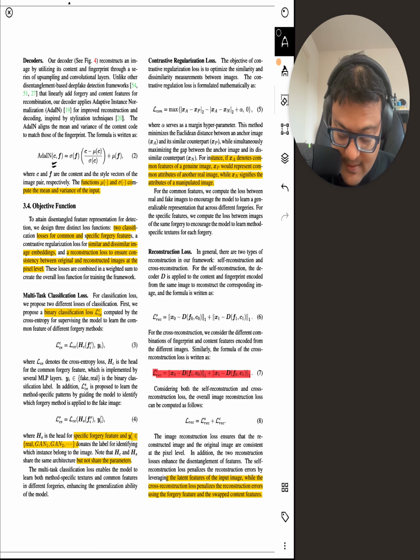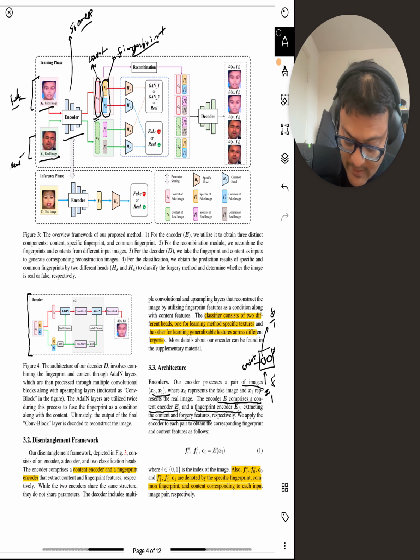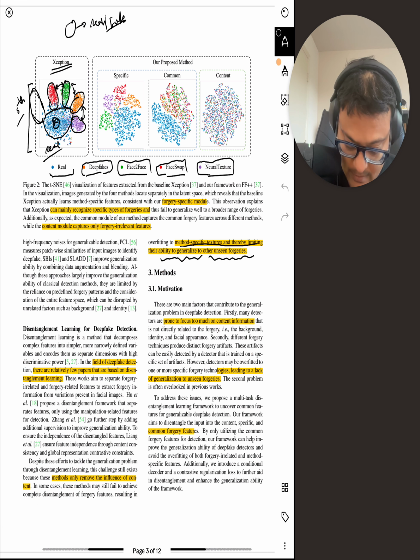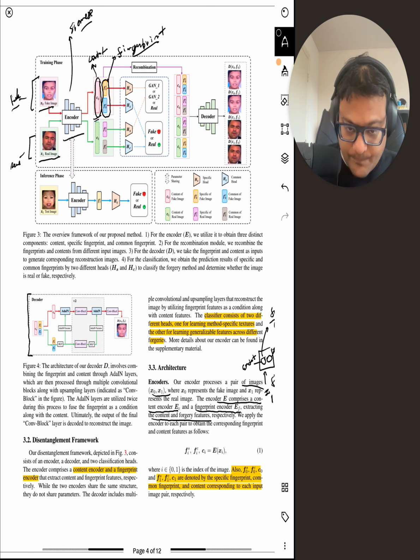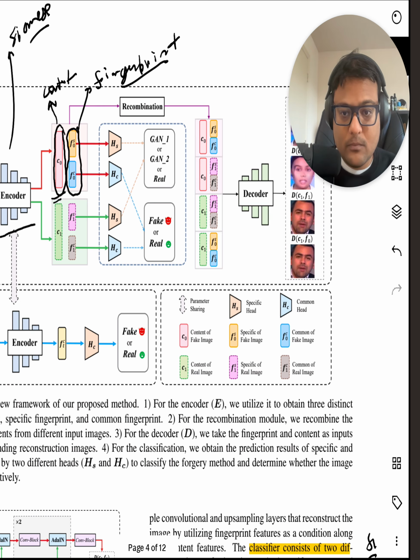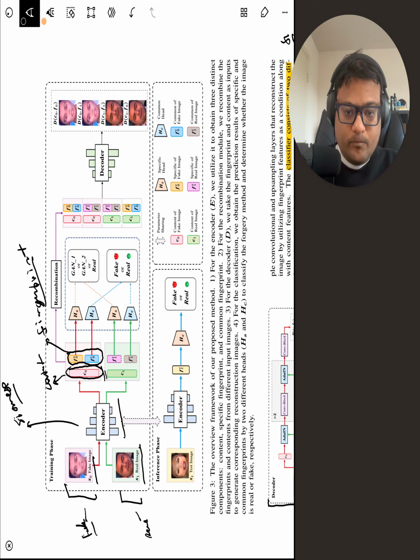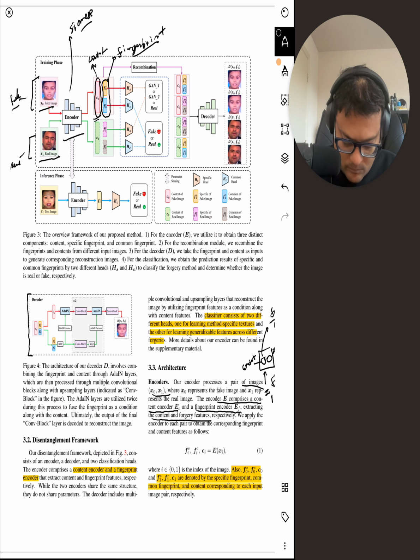Your decoder is taking as input the content image, and it is also taking these two fingerprints as input. Okay, so these are the fingerprints.